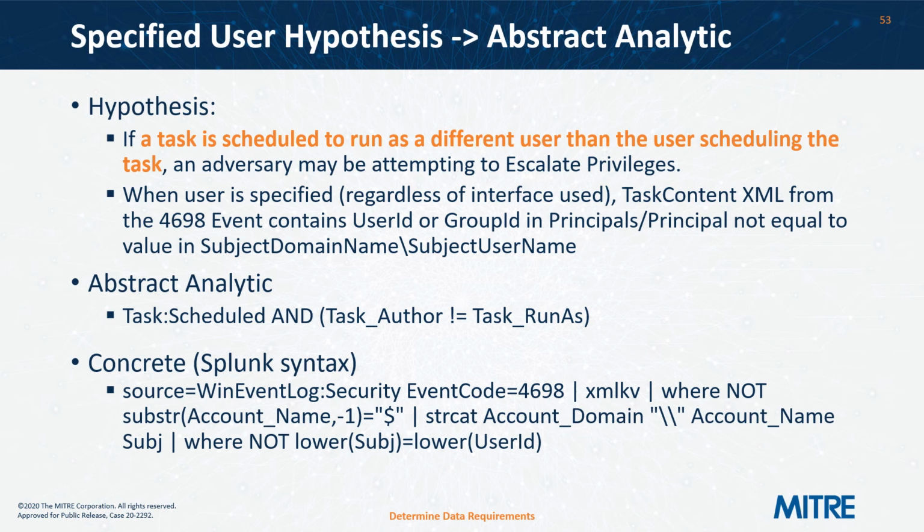Again, we've used Splunk's syntax for our example, and now know enough to specify the exact data source, event ID, and field names to use, along with the Splunk syntax to parse and compare those fields according to the logic of our hypothesis.